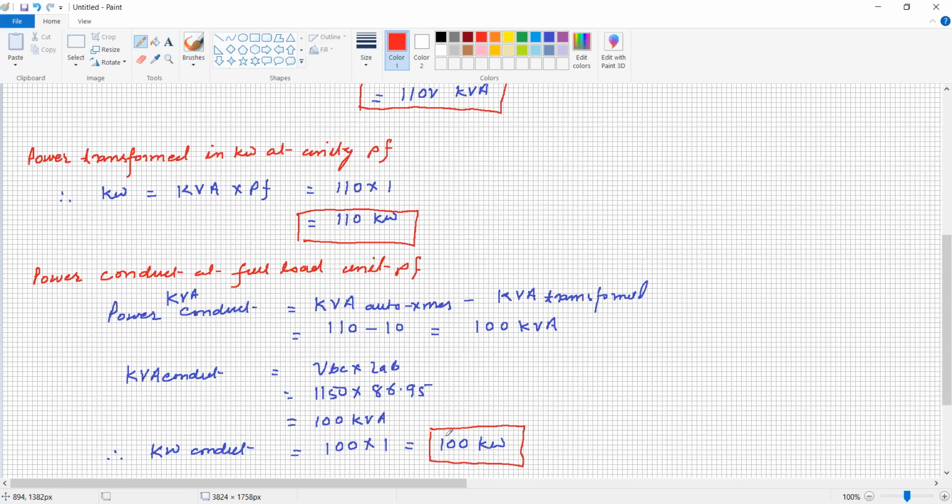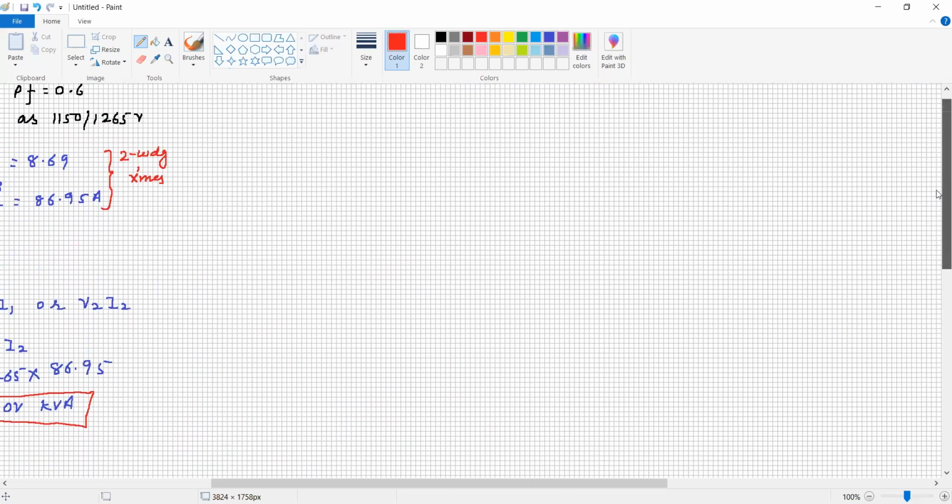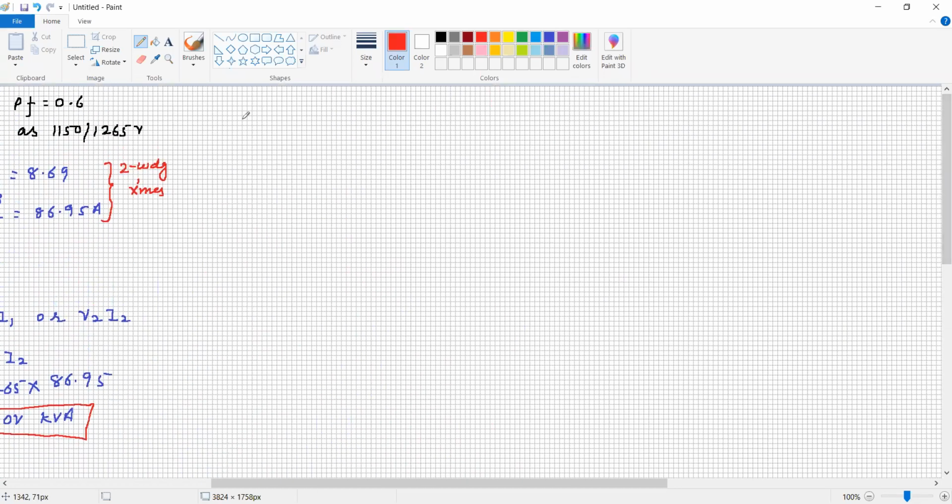Next is to estimate the efficiency of auto transformer at full load, at 0.6 power factor. Okay. So what would be the calculation? The same which we have just done. So losses in two-winding transformer. Okay, what we want to calculate? Efficiency of auto transformer.